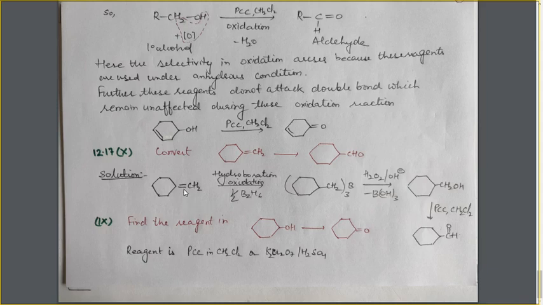Now this alkene is unsymmetrical. Here there are two hydrogen atoms, and here this double bond carbon atom is further attached to two carbon atoms. In the case of an unsymmetrical alkene, when an unsymmetrical reagent is added, the addition takes place according to Markovnikov's rule. Hydrogen will go to that carbon atom which already has more hydrogen.